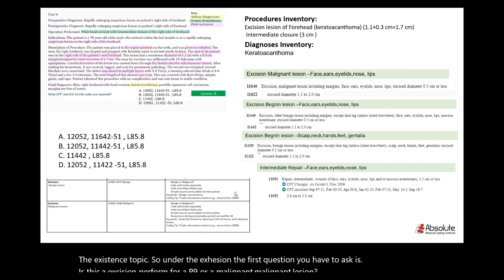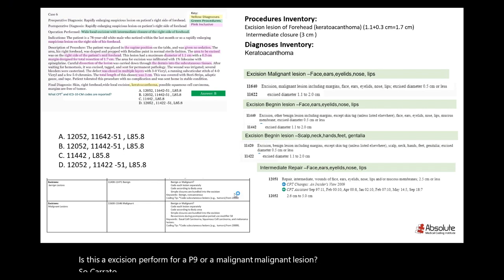Keratoacanthoma is a benign lesion and not a malignant lesion. And there is an easy trick to understand the CPT codes that code for a benign lesion and a malignant lesion. Do you know that? Okay, I will tell you.